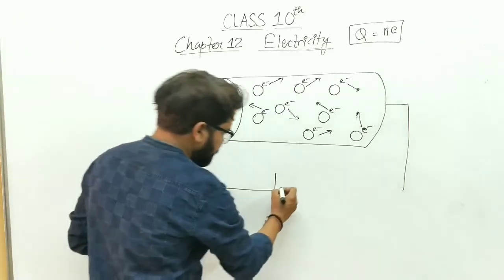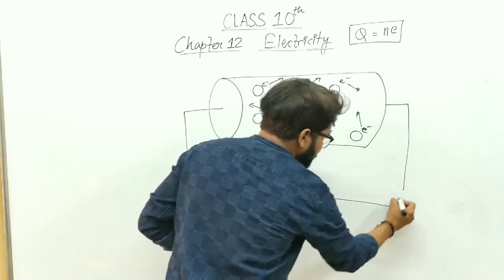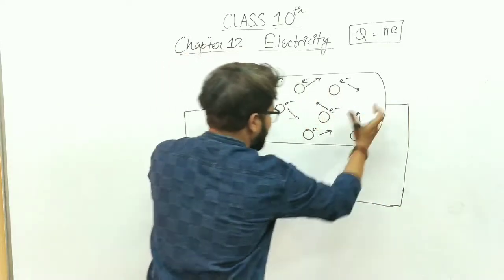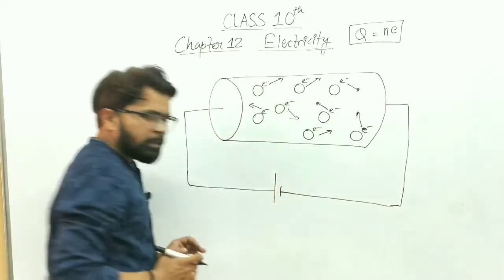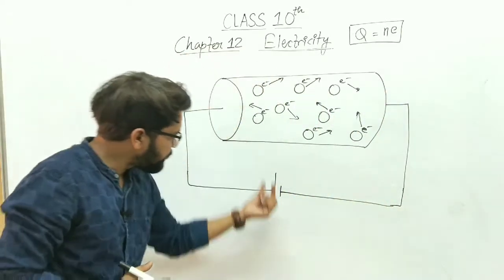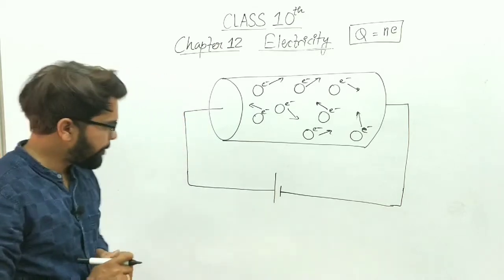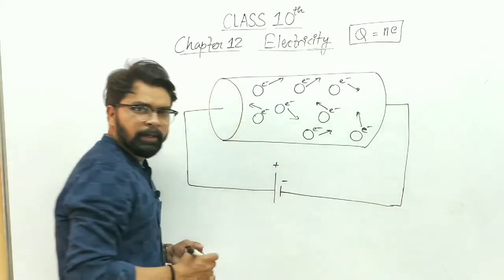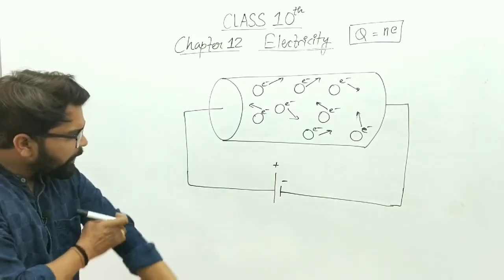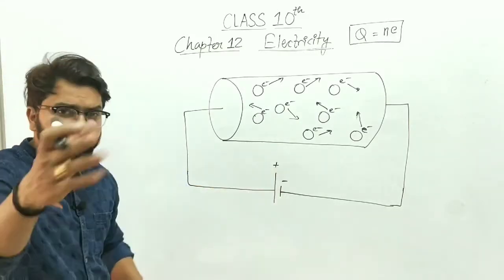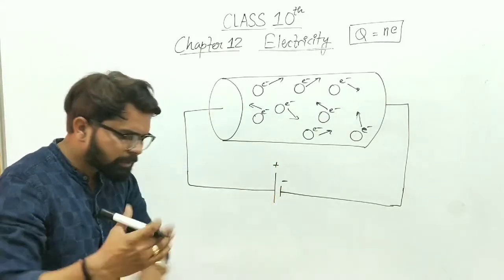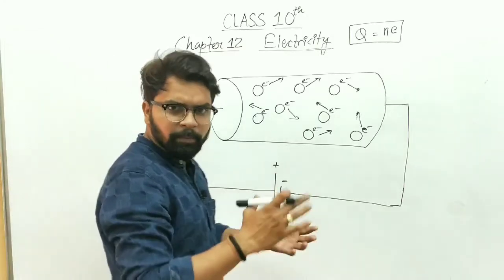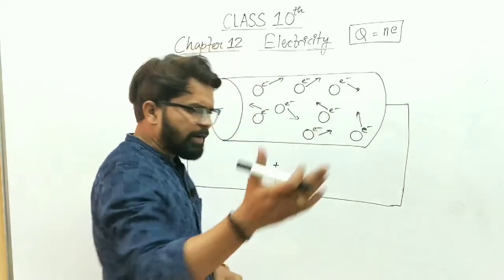I connected these two terminals of this wire to the cell. The longer one is positive and the smaller one is negative. In further classes I am going to discuss why one is the plus terminal and one is the negative terminal.